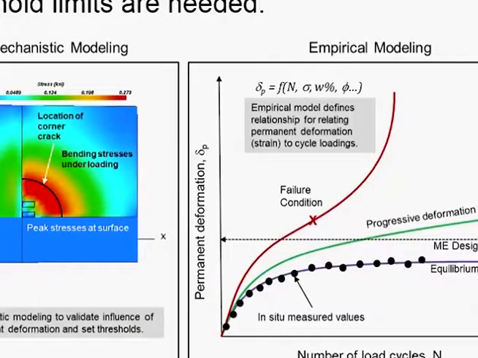Now, just to wrap up, we've been doing this mechanistic testing. We've been measuring resilient modulus. The thing that is standing out for me is that we have a serious problem with permanent deformation of our foundation systems that's not being addressed with inspection, and it's not being addressed with design.